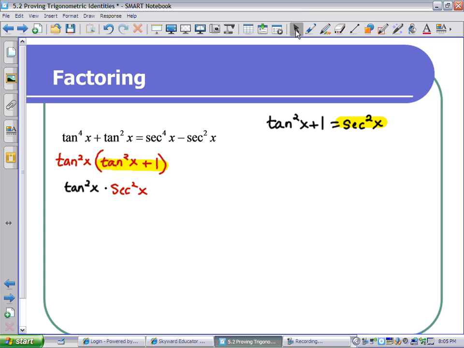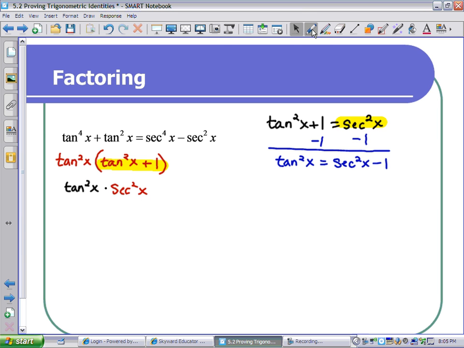Now I need to get tangent squared x out of the equation so that I'm left with just secants. So if you go back to your Pythagorean identity, and I subtract 1 from both sides of the identity, I get tangent squared x is equal to secant squared x minus 1.